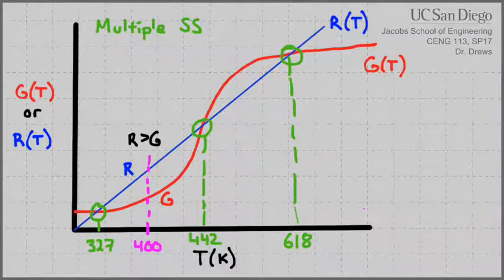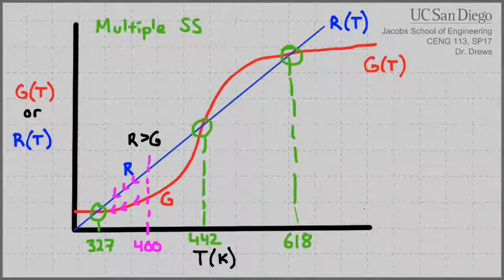If R is greater than G, generally speaking, is the reactor heating up or cooling down? It's cooling down, right? I am removing energy faster than it's being produced by the reaction. Therefore, I am going to tend to slide along both of these curves until I get to that lower steady state.